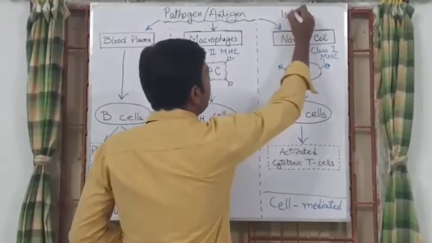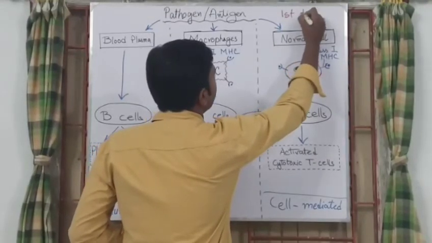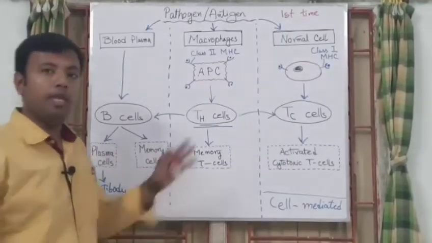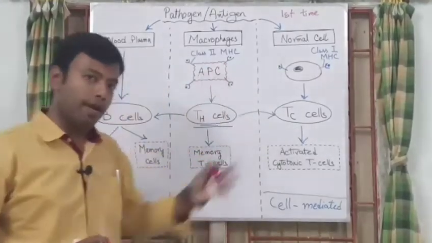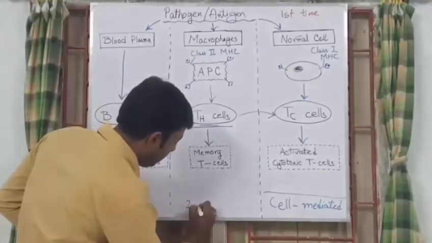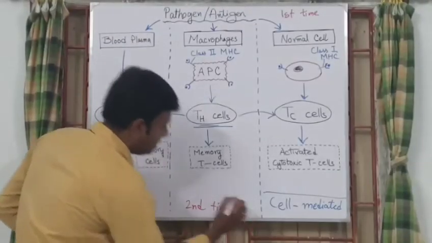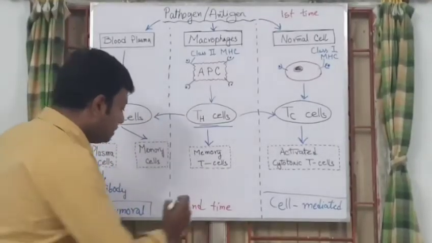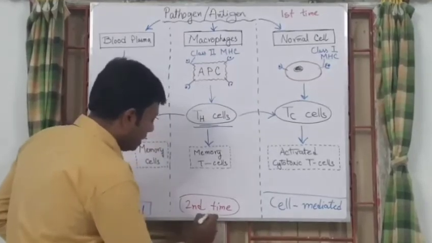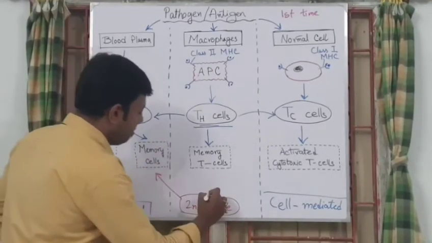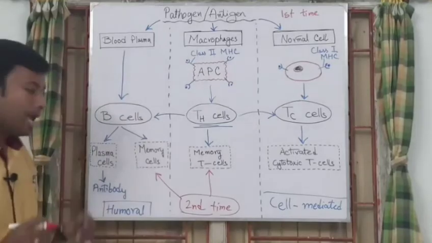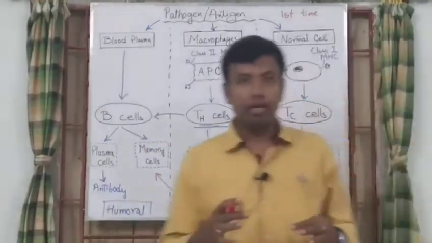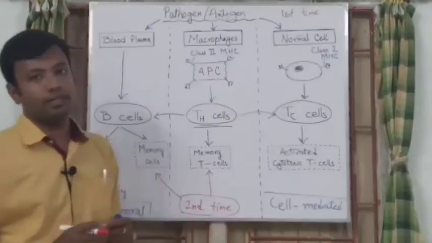Now, this flowchart which I have drawn here is for the first time encounter by any foreign pathogen. So, this will happen if any antigen enters for the first time in our body. Now, if you ask me what will happen if the same antigen enters our body for the second time, this time they will get encountered by these memory cells, memory B cells and memory T cells, and these memory cells will then generate rapid and vigorous activity to neutralize these invading antigens.